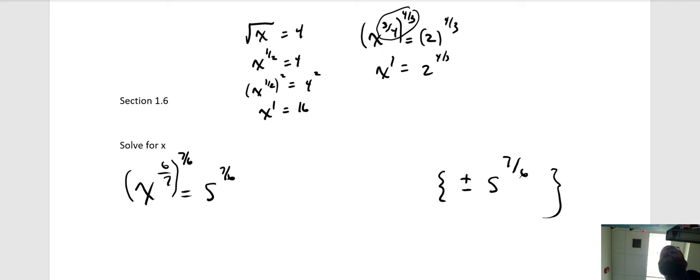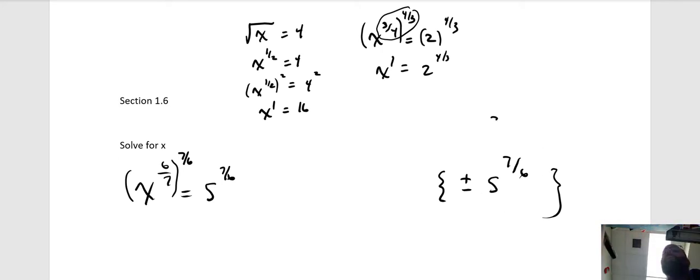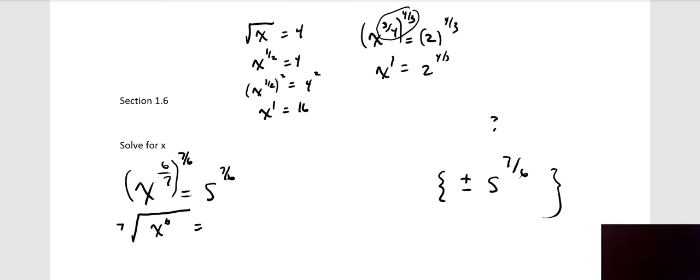And you'll notice that in our solution set, here it is, there's two of them. You might wonder, why is there a plus and a minus? Because when you look at this, x to the 6/7, if I write it in radical form, this means the 7th root of x to the 6th power.